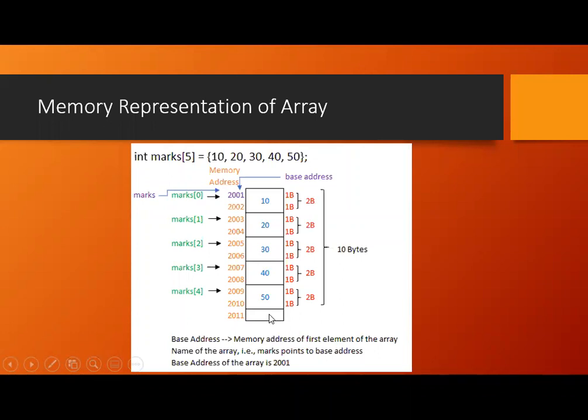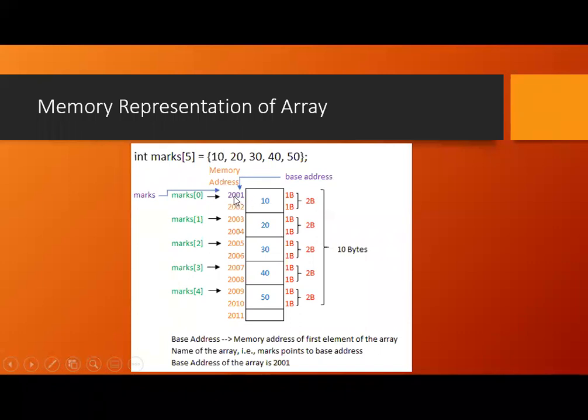First element means the element which is stored at the 0th index. In the 0th index, what element do we have? 10. So for this particular element 10, what is the memory location? It is 2001. So 2001 can be treated as the base address.